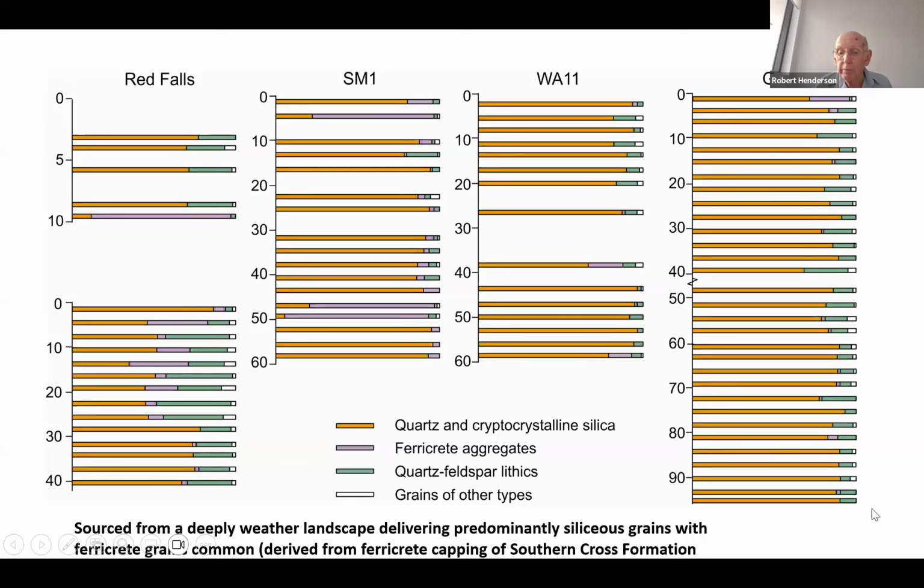So a lot of the samples actually have this reworked ferricrete covering developed on top of the Southern Cross Formation, reworked into the Campaspe system.